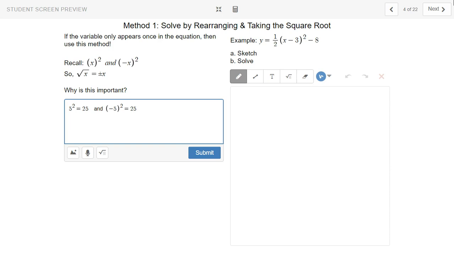The reason that this is important is because when we have a square root, we need to always consider the positive and the negative answer. Because if I said, what's the square root of 25? It's not just simply 5, but it's also negative 5 as well.